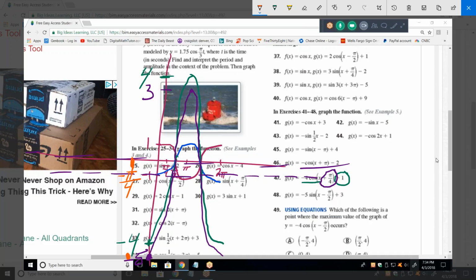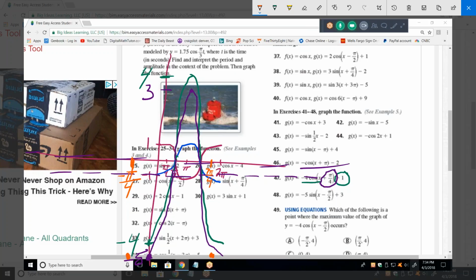Where am I going to end it? π/4 to the left of 2π, correct? Yes. That's 7π/4. So I'm going to call 7π/4 right there, and I would label that 7π/4. This is really the better way to do phase shifts, is to figure out where your starting point is and figure out the period didn't change.